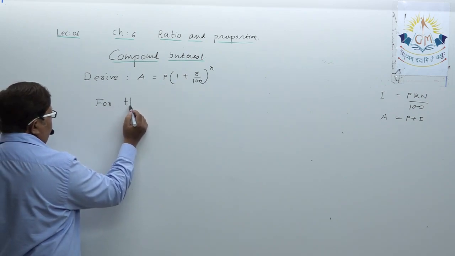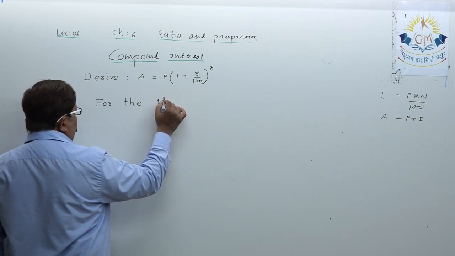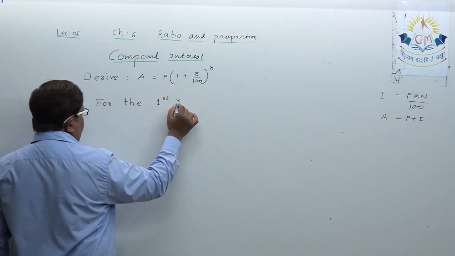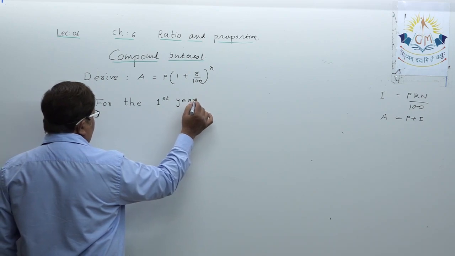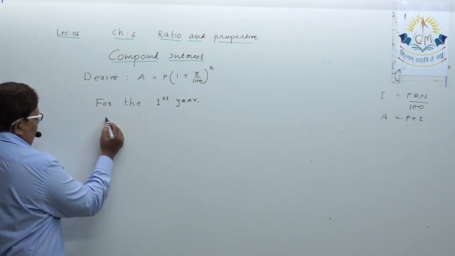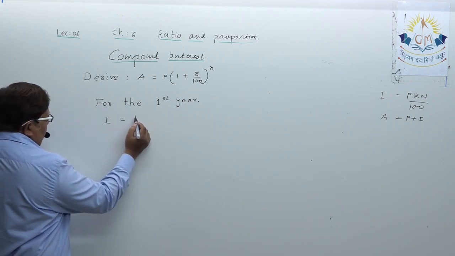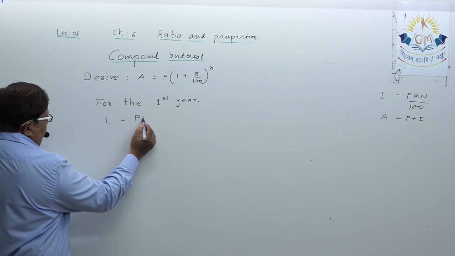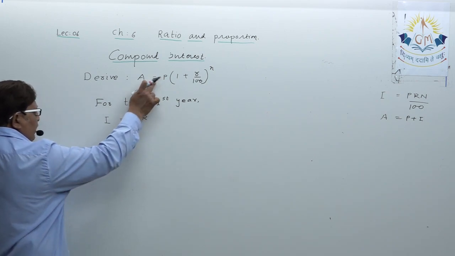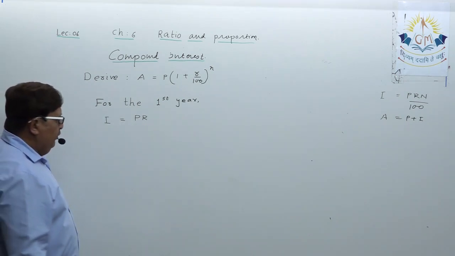Please note down for the first year. What should I write? I equals, you know the basic formula, PRN. We are trying to derive this formula by utilizing those.